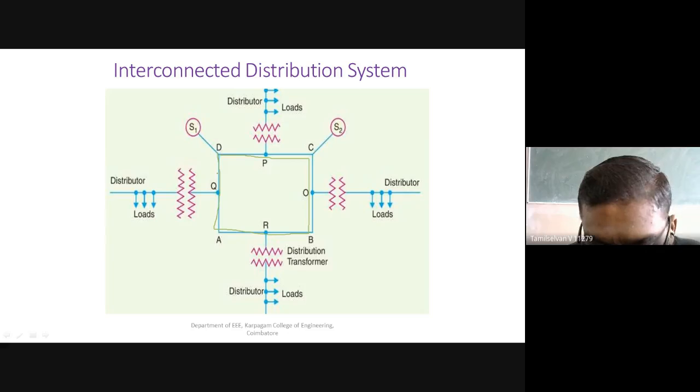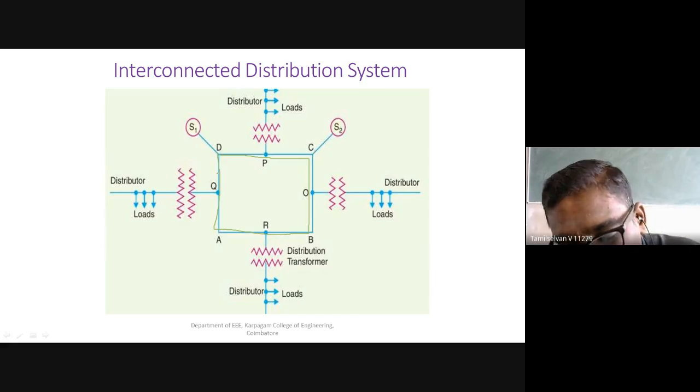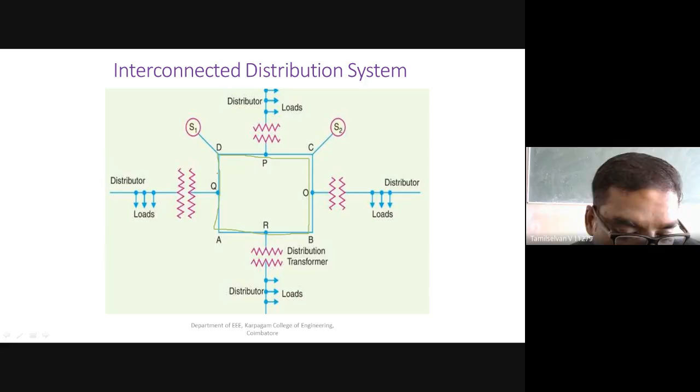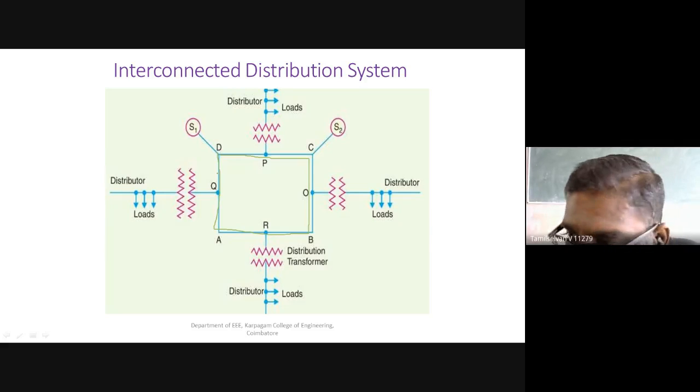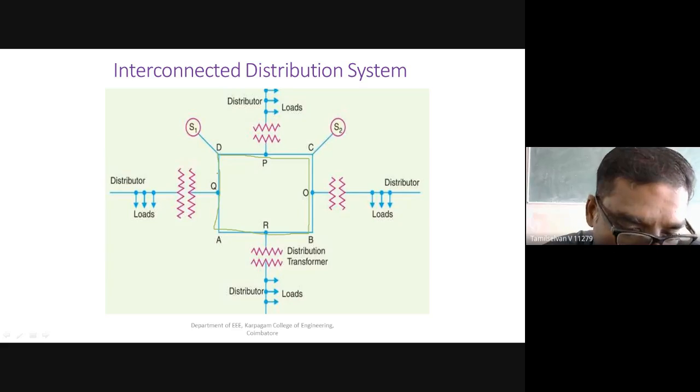Normally this type of system will reduce our reserve capacity and increase our efficiency. If any area served by one generating station cannot be fed during a peak load, it can be fed from the other generating station. That is one of the main advantages of the interconnected distribution system.